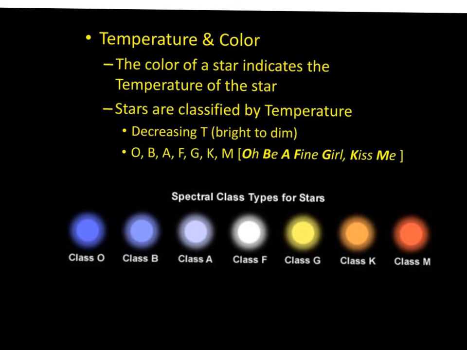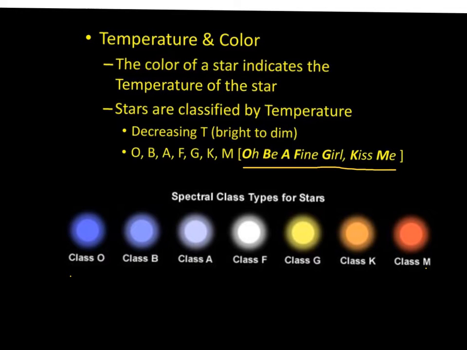Now, on the bottom axes, there's a classification there, and so they use temperature and color in order to classify these stars. You'll notice how they classify them. So class O all the way to class M. Now, there is a mnemonic to help remember that. They go O, B, A, F, G, K, M in order of classification.